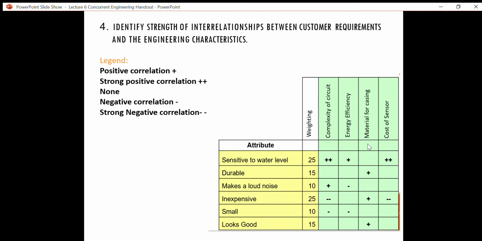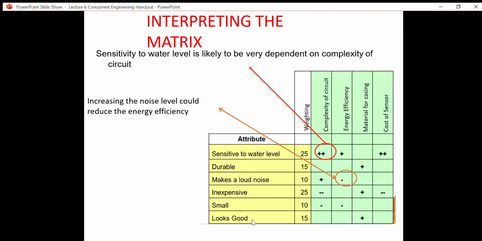And then material casing, plus. Of course, we use a good casing. They have positive correlation because the cost will reflect to the casing. So this one I already explained just now.